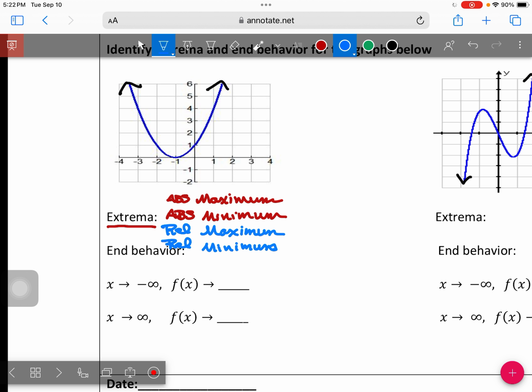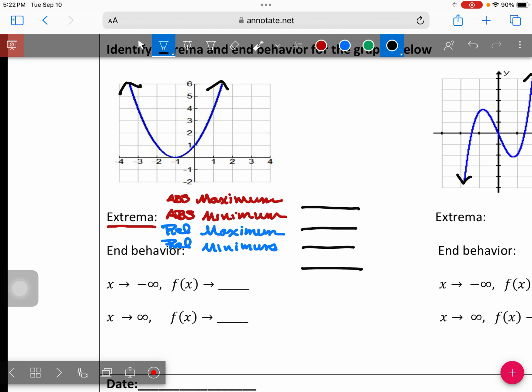Just because we could have that doesn't mean that it's necessarily going to happen for each item. So as I look at this, absolute maximum.